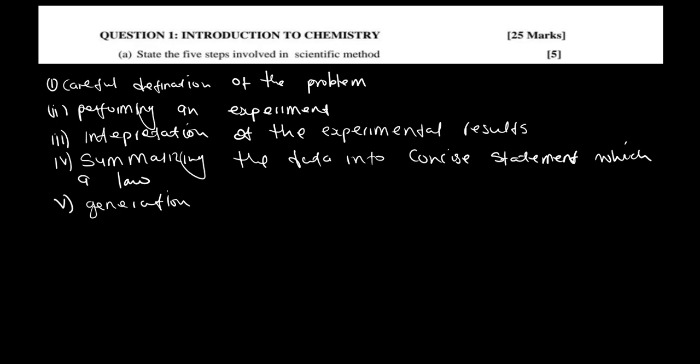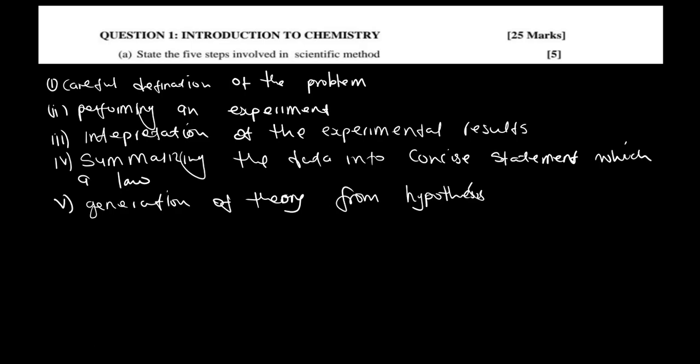That was just for one person, so generation of theory. From that proven hypothesis, so a hypothesis is just that statement you make the moment you see the problem. The statement before judgment is called a hypothesis. So from that hypothesis, you generate a theory.